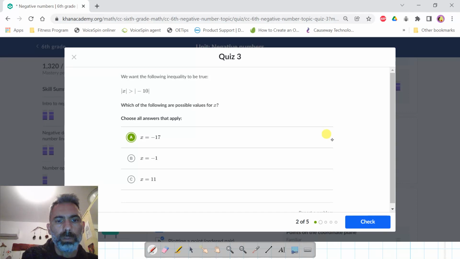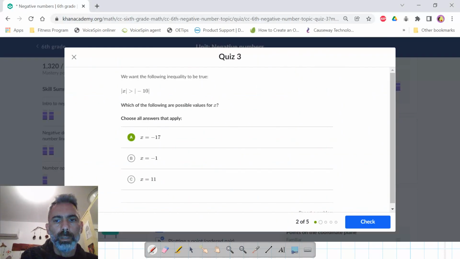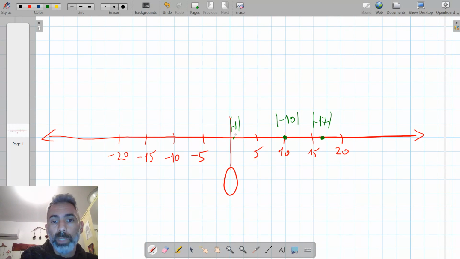X equals negative 1. So the absolute value of negative 1 is here. And the absolute value of negative 1 is not greater than the absolute value of negative 10 because it is to the left of the absolute value of negative 10 on the number line.